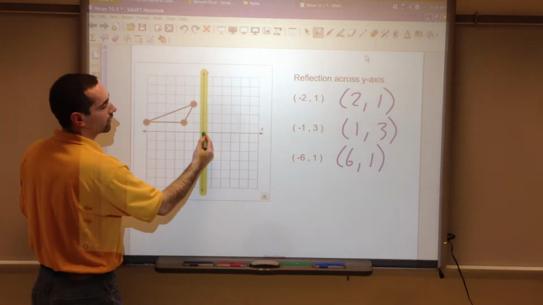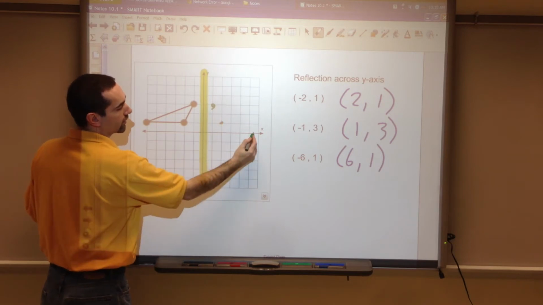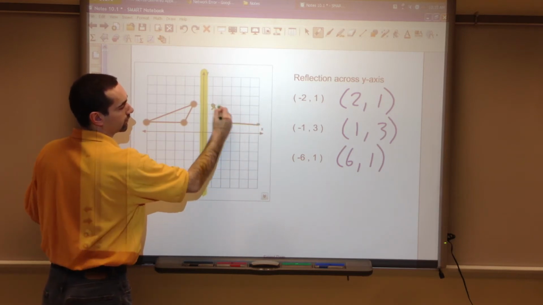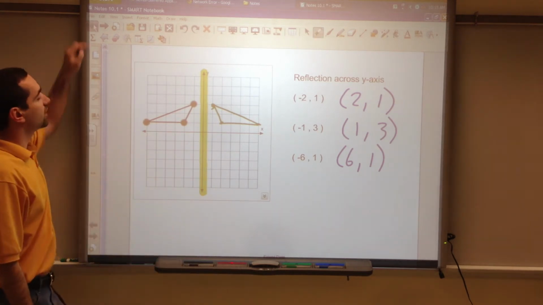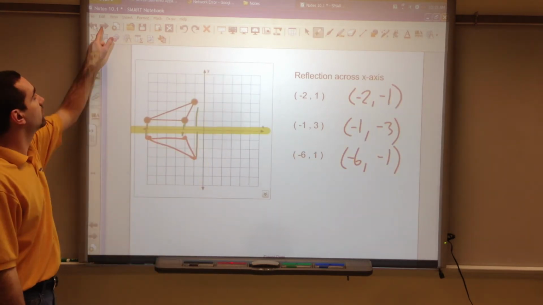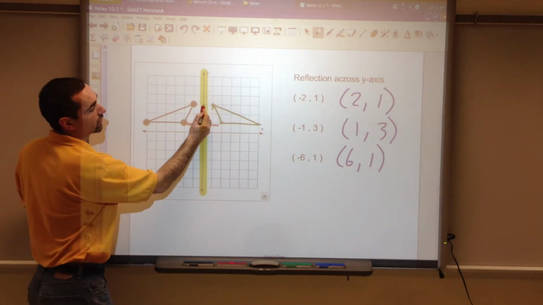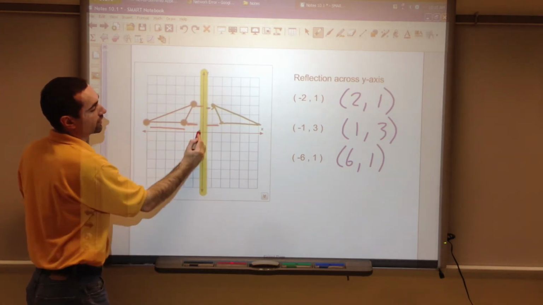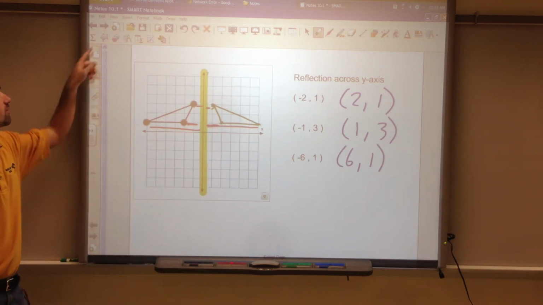So let's graph it. 2, 1, 1, 3, 6, 1. Now, same thing that I mentioned here about the distances. Look. Distance of 2, distance of 2, distance of 1, distance of 1. 6, 6. We'll come back to that.